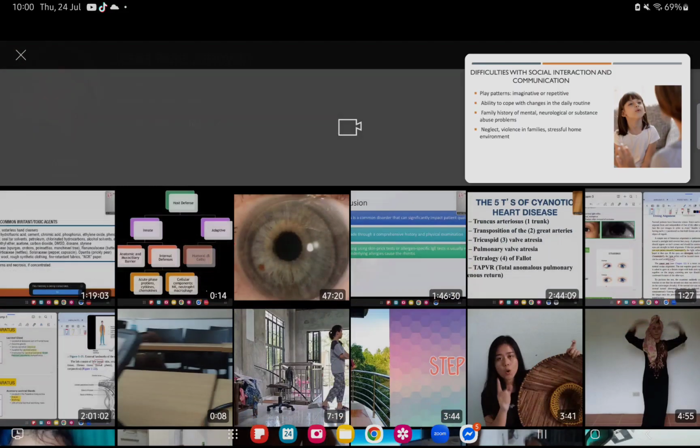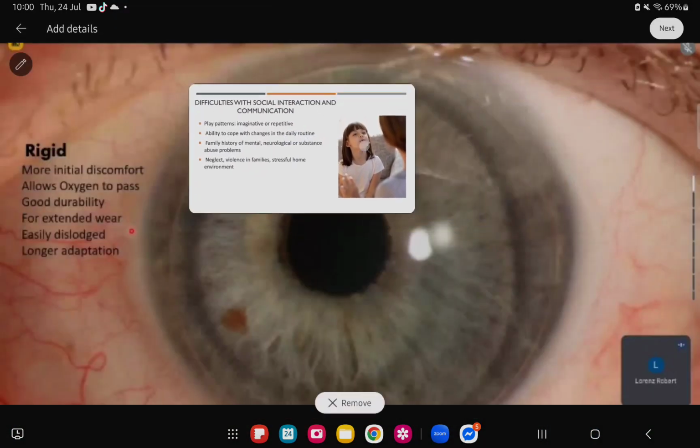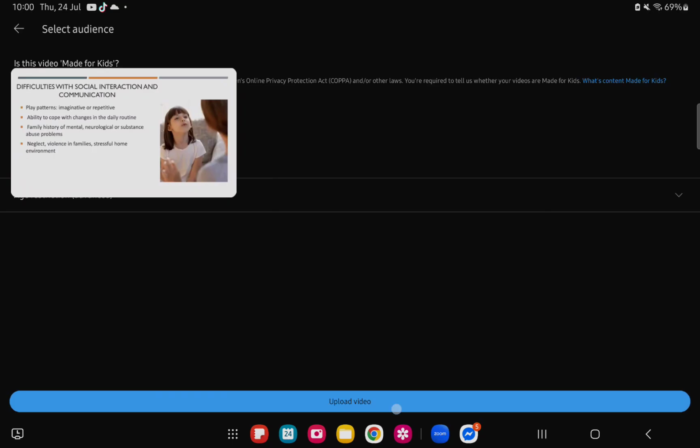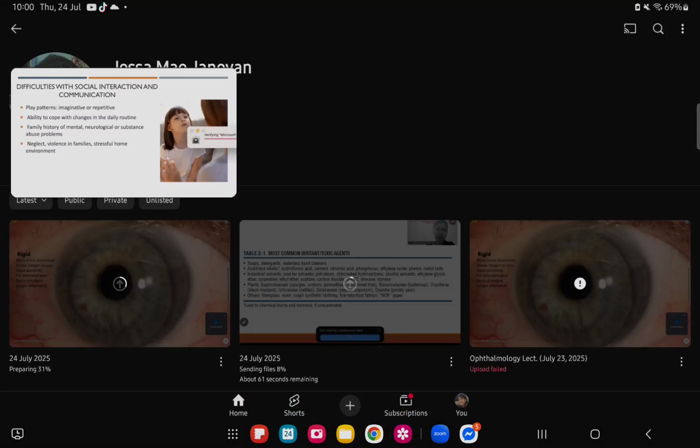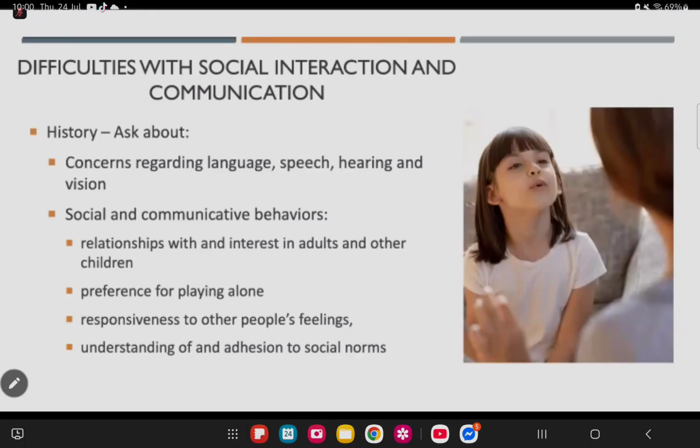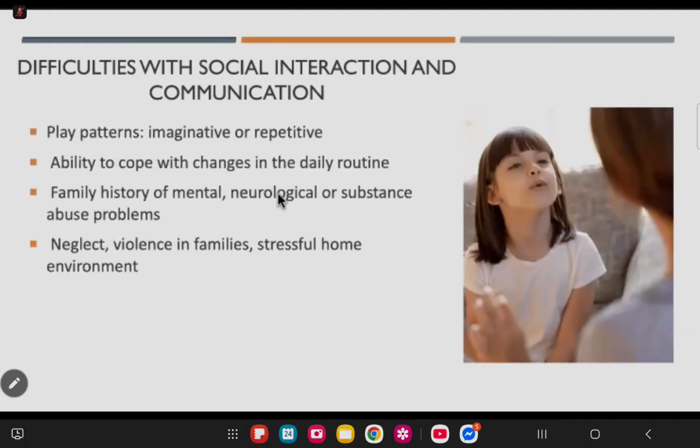So you have to look at their play patterns. Is it imaginative or repetitive? A common presentation of autism spectrum disorder is that these types of patients have repetitive play. Okay, they tend to line up toys and they are attached to a specific toy, just one toy.